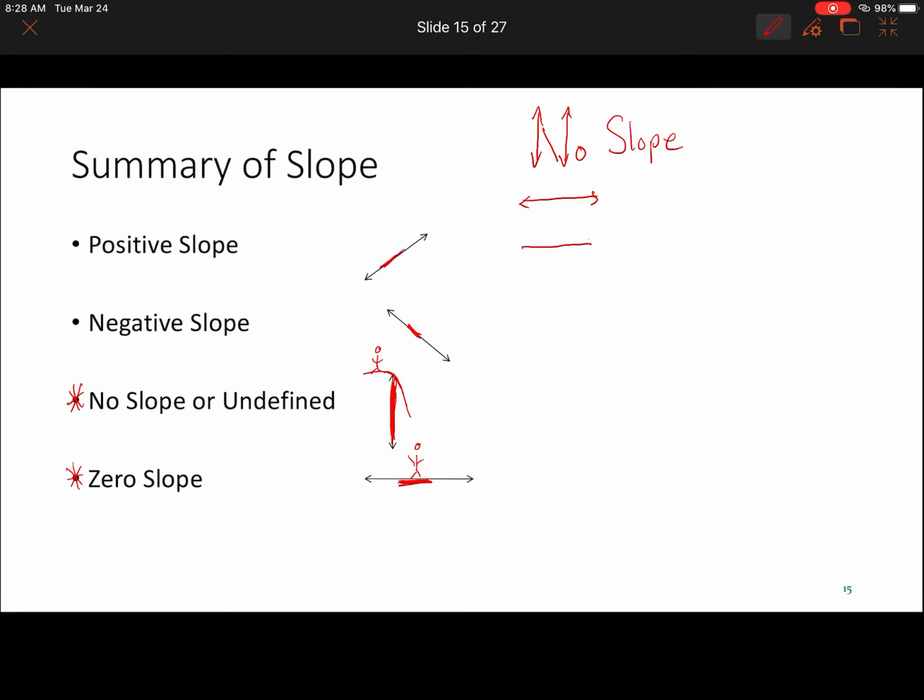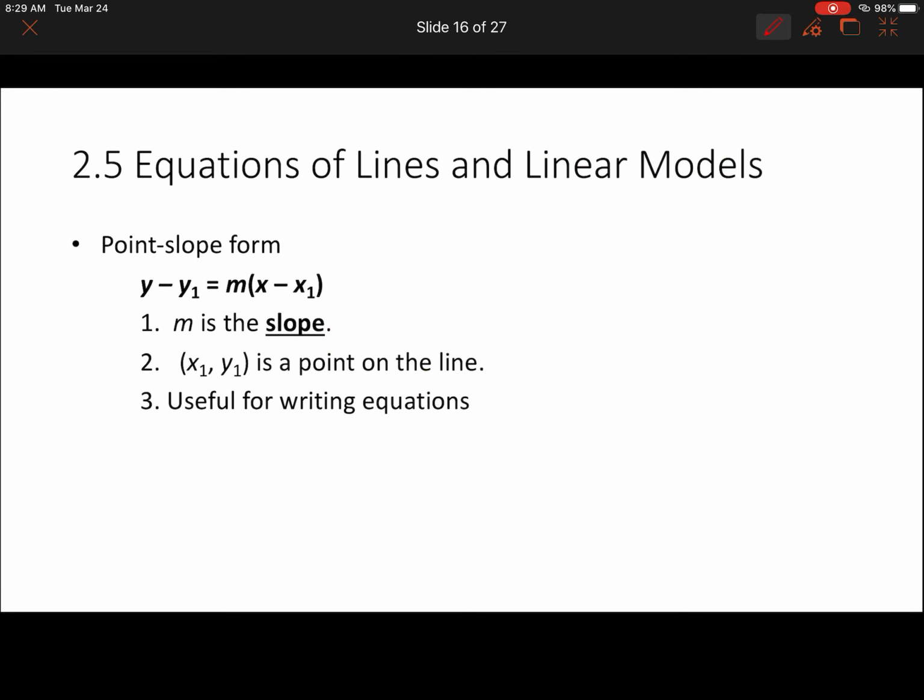And then if you look at this one, a horizontal line, it has a 0 slope. And so we're going to put another line there and make this one say 0 slope. And I know that's kind of corny and everything, but hopefully that will help you remember no slope versus 0 slope. So that finishes up section 2.4.